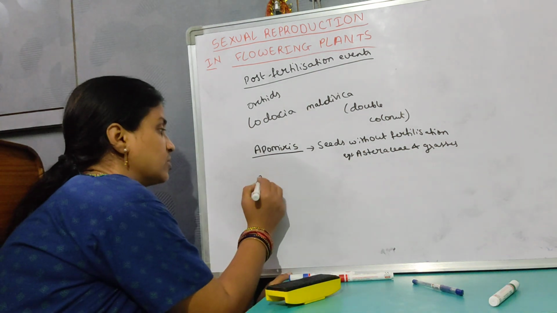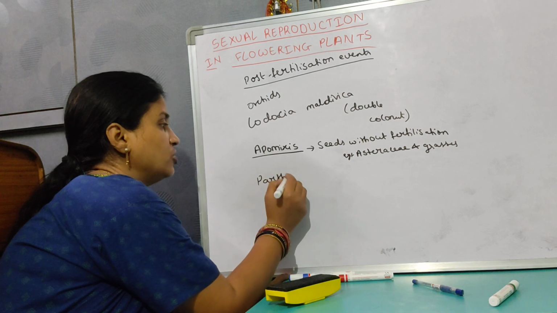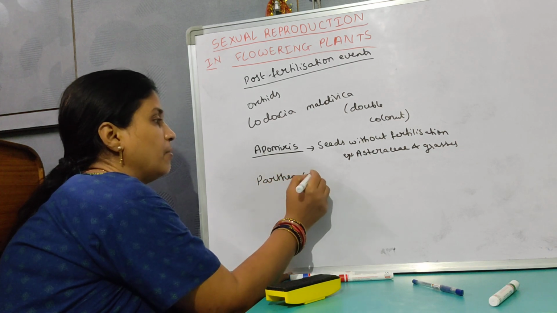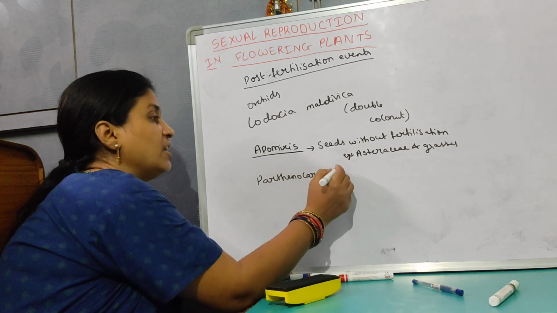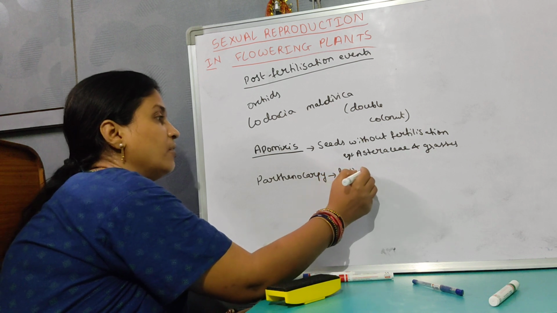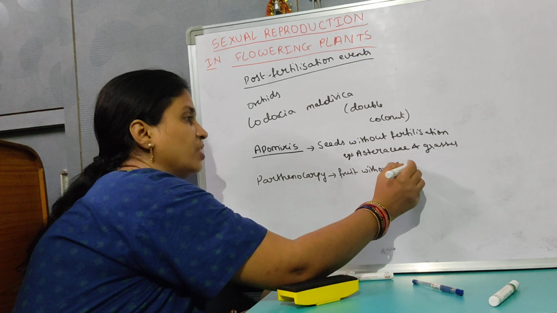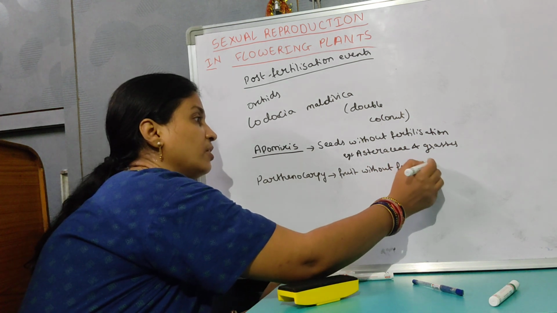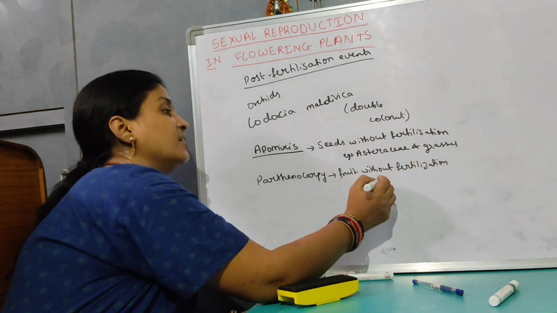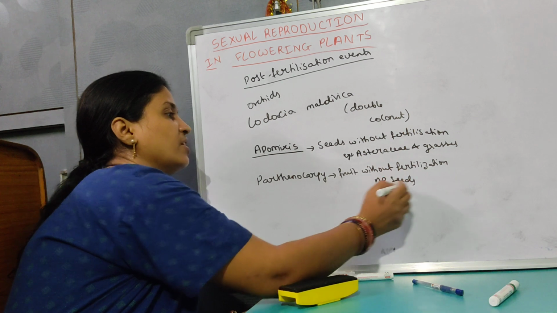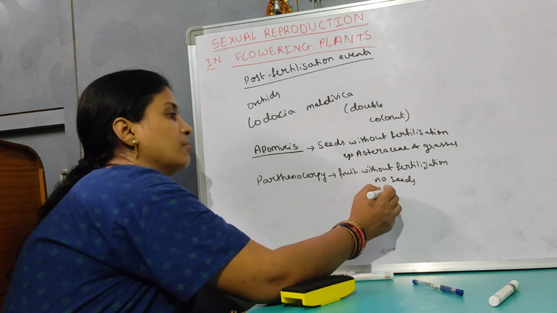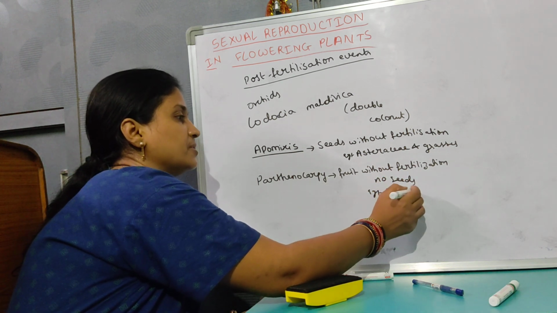Another technique is called parthenocarpy, where fruits are formed without fertilization. Here no seeds are present. A very good example is banana and grapes.